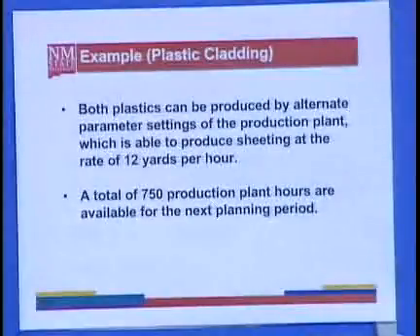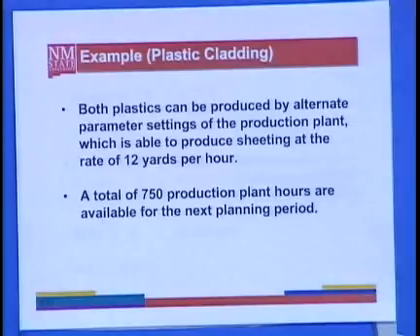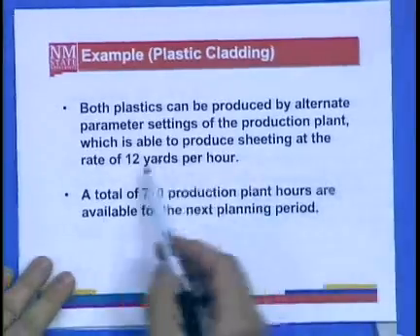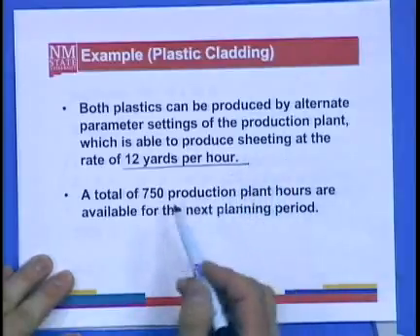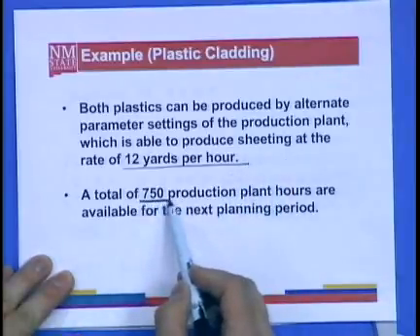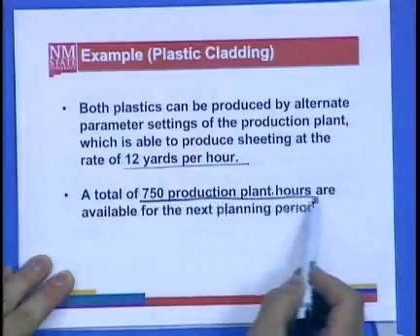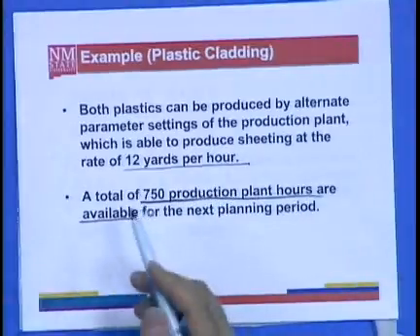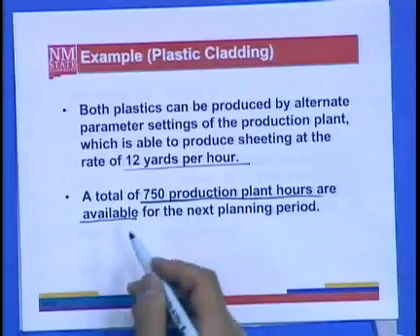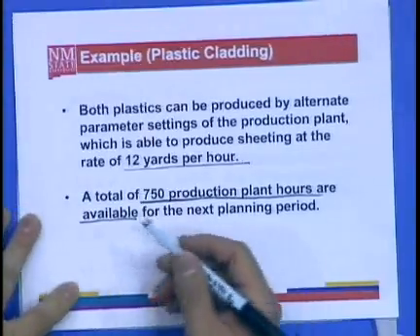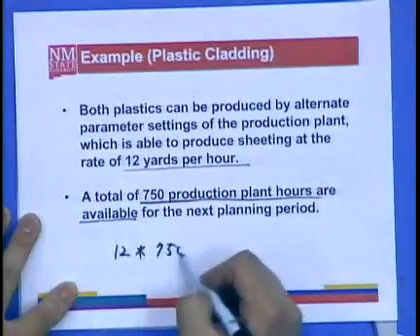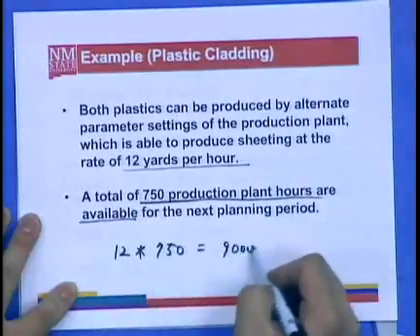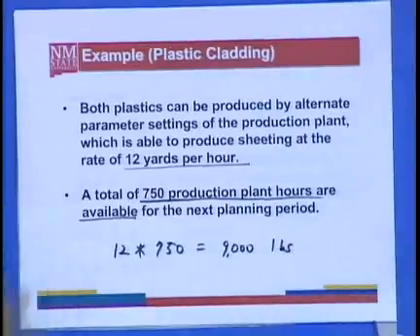According to the problem description, we are able to produce sheeting at the rate of 12 yards per hour, right? And a total of 750 hours are available, right? Which means the alternate method can produce both plastics up to 12 times 750, which is 9,000 yards. Okay?